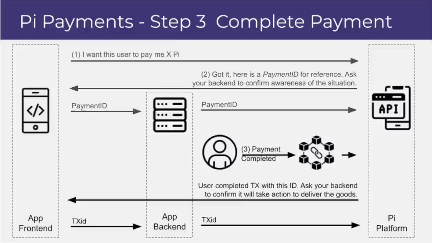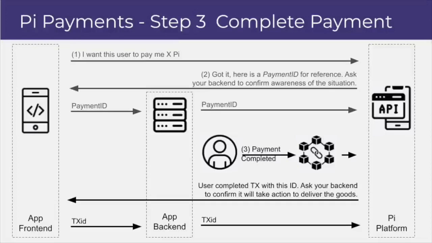The next step is payment completion, and this is where the user flow becomes interactive. This is where the user gets to either use Face ID or fingerprint or manually type their passphrase to sign the transaction. The transaction gets sent to the blockchain, which is the first arrow starting from the person's face icon on the slide.